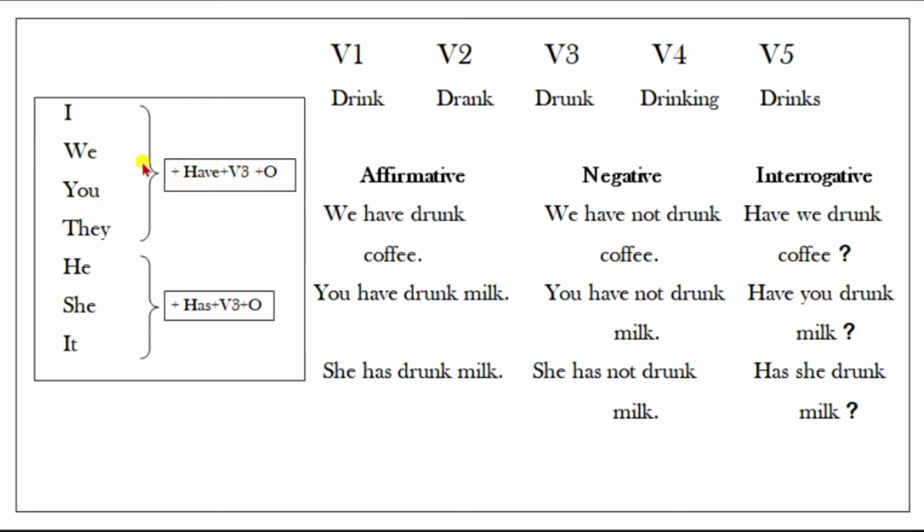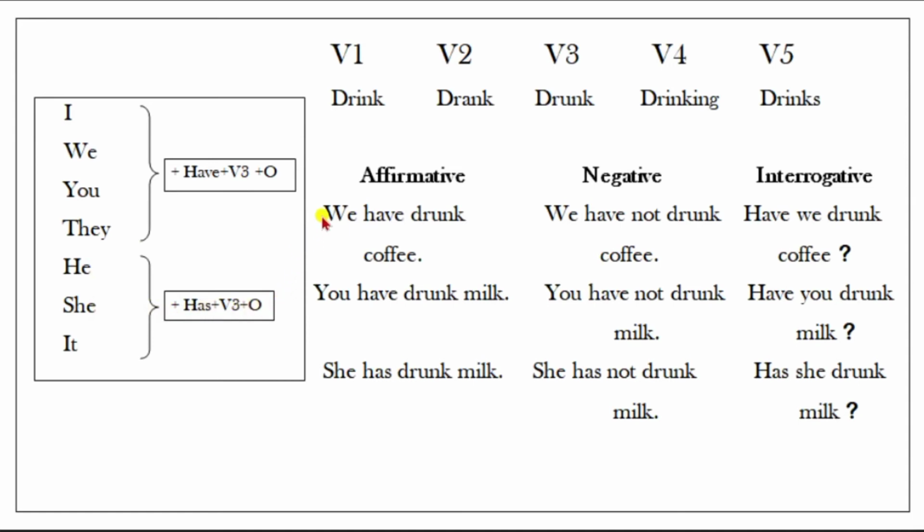That means subject plus have or has plus V3 plus object, as already explained in the last video. He, she, it: after these three pronouns, has plus verb 3 plus object.